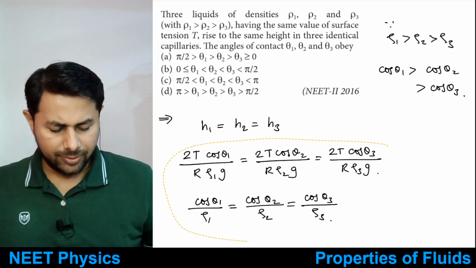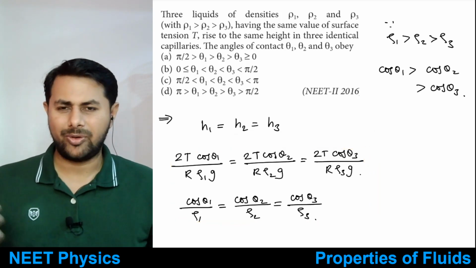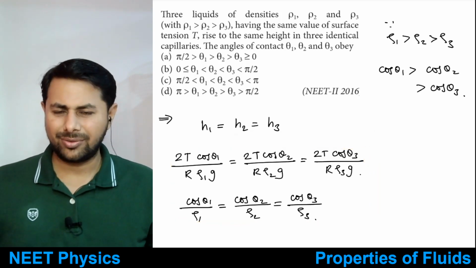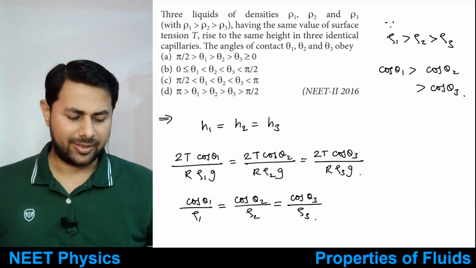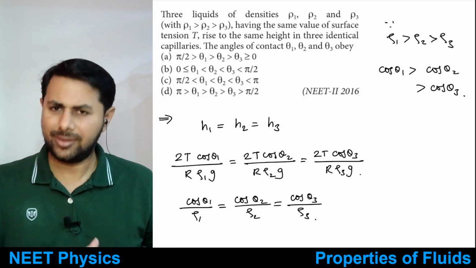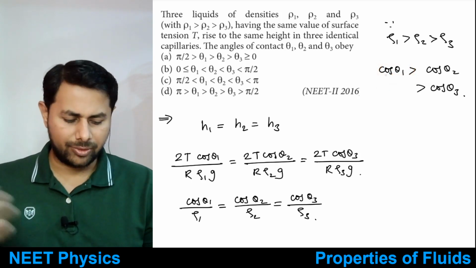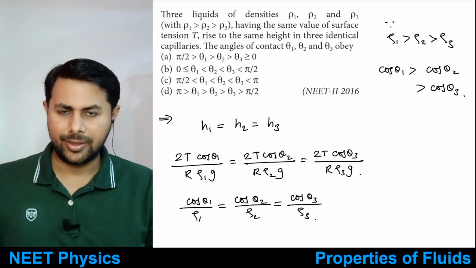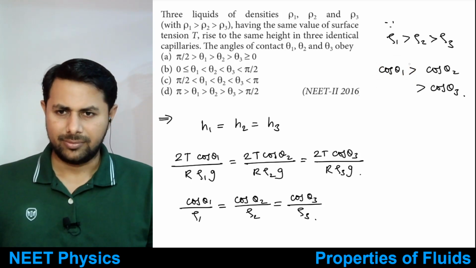And then you know that cos is maximum for angle equal to 0, and if angle goes on increasing up to pi by 2, let's say, what happens? The value of cos goes on decreasing. Cos of pi by 2 is 0. So if the value of cos is more, okay, cosine of an angle is more, that means angle has to be small, right?